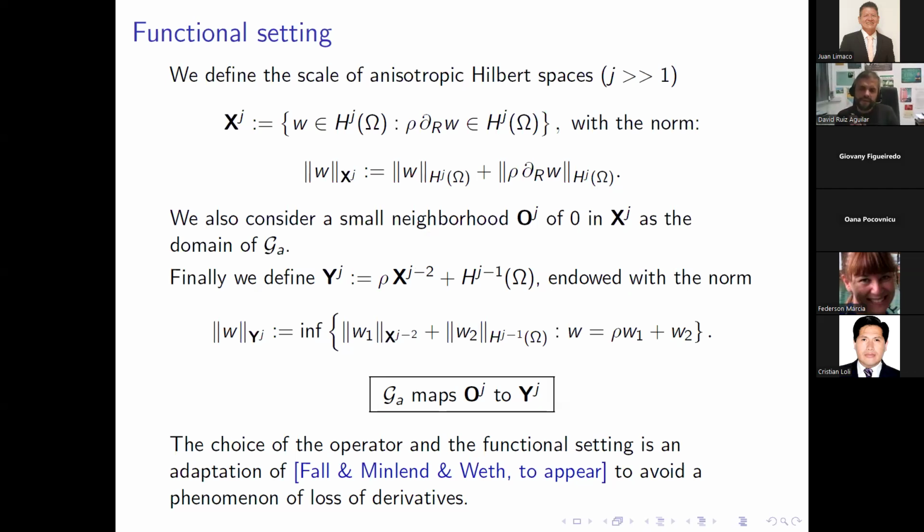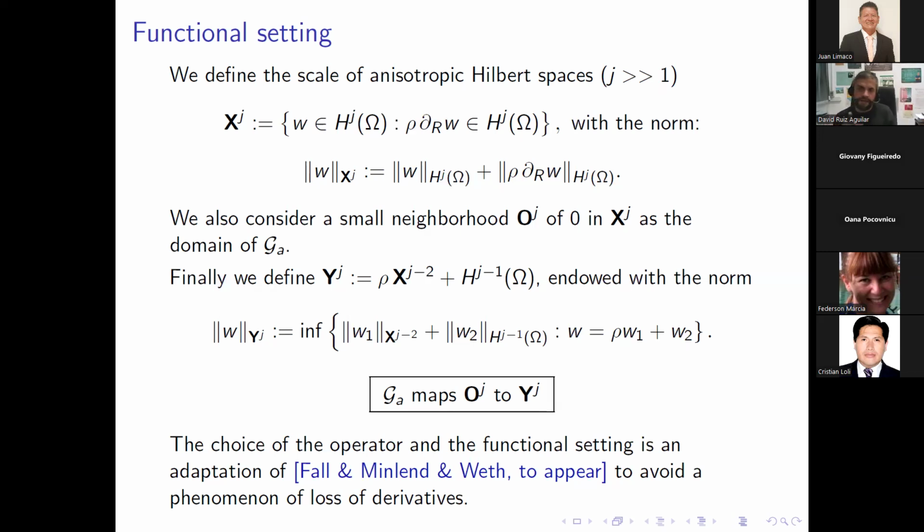You may wonder why we would choose these anisotropic spaces. The reason is that, let me mention a previous paper by Fomin, Lin, and Weth. They were trying to do something which is different but related. It would be related to this case when m equals 2. And they found out that if you try to address the problem directly or with a more direct method, then you have a problem which is called loss of derivatives.